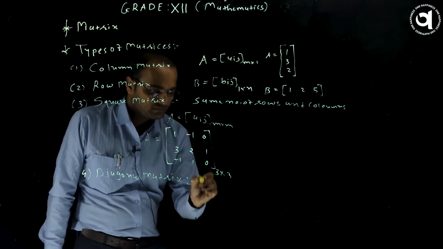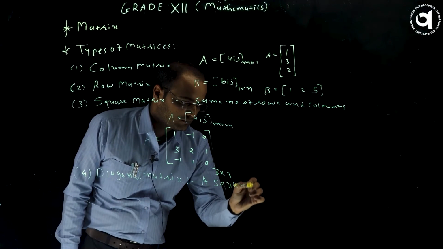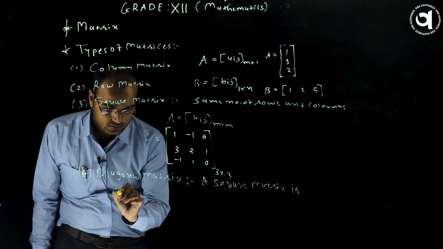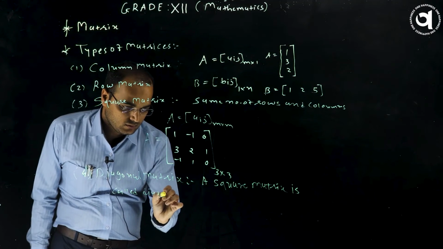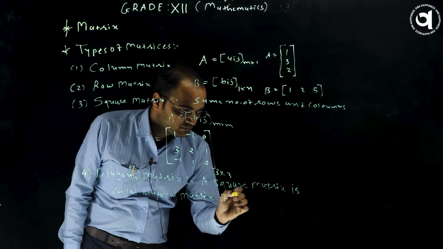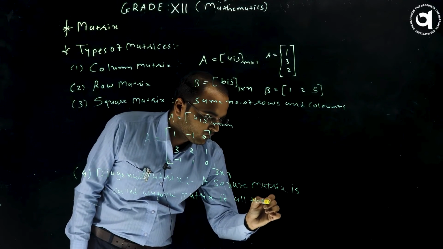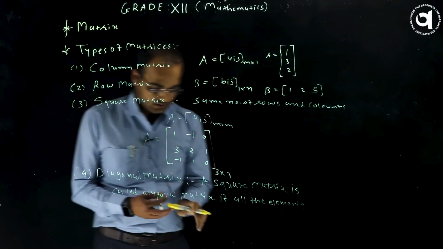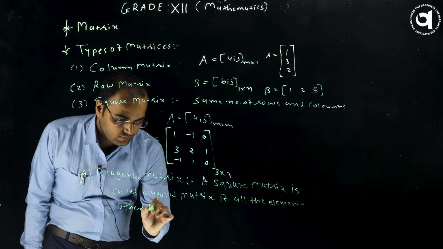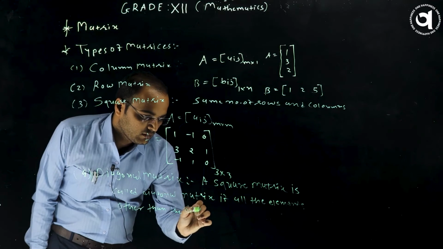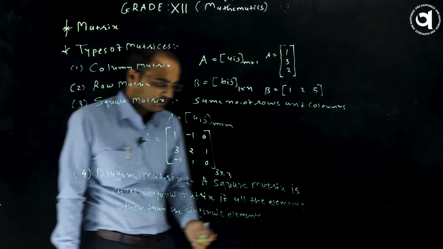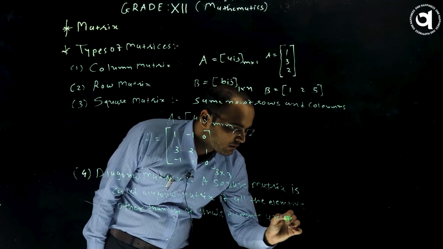A square matrix is called a diagonal matrix if all the elements other than the diagonal elements, or non-diagonal elements, are 0.